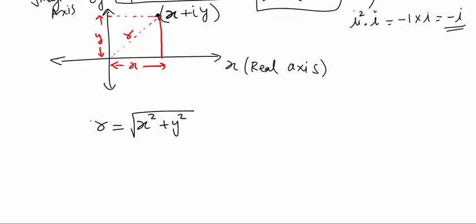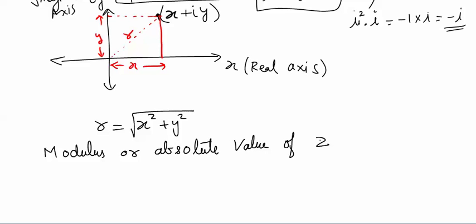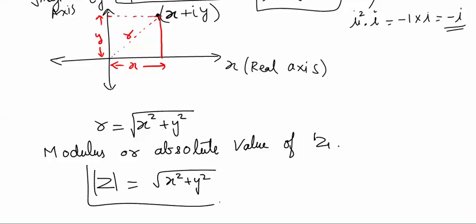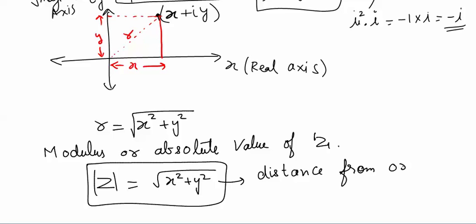This r is nothing but the modulus or absolute value of z, the complex number. So z modulus is the square root of x square plus y square. It is nothing but the distance from the origin.